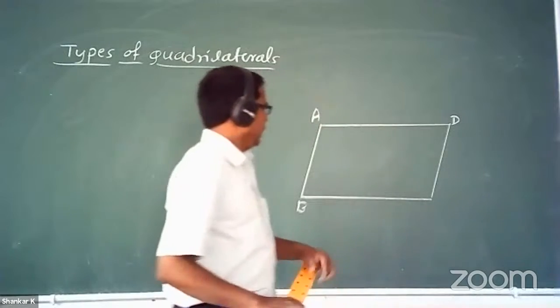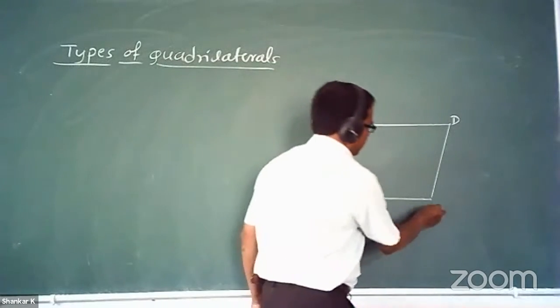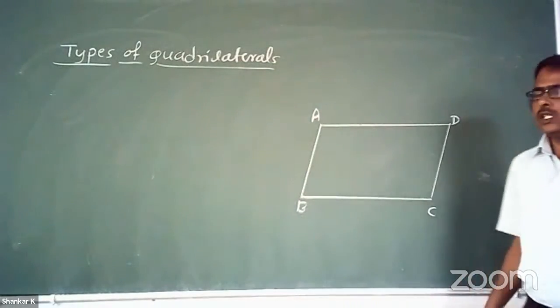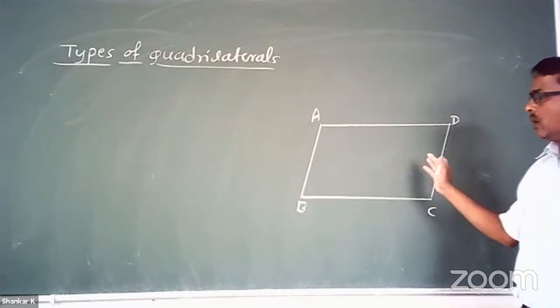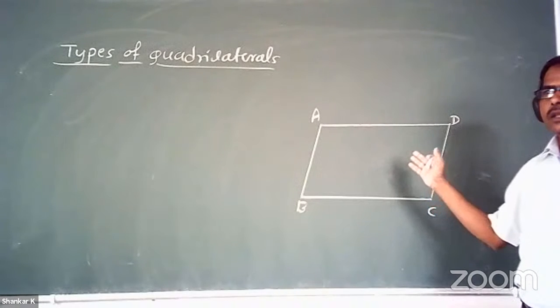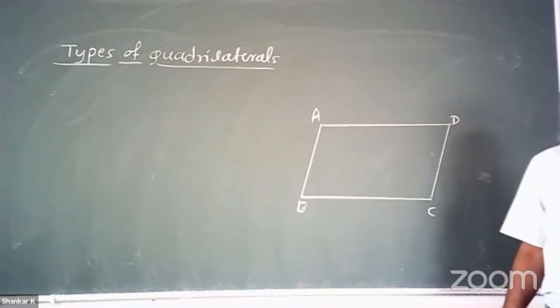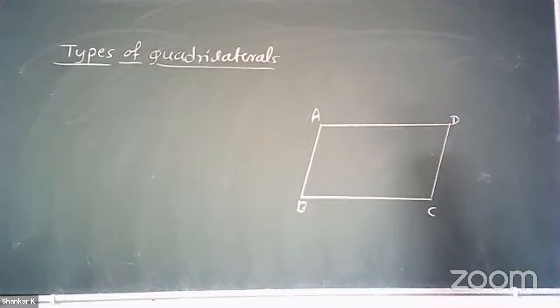Can you tell me? Is it a rectangle or square or rhombus? What is its name? Rectangle. It is a rectangle. Okay. What is a rectangle?